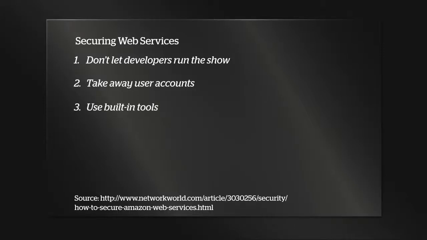The next one here is basically use the tools that are made available to you. A good cloud service provider, and by the way, I think these are attributes that you want to look for in a cloud service provider, may have certificate management functions, encryption tools, and hardware security modules for storing keys. I think that's kind of an important thing.